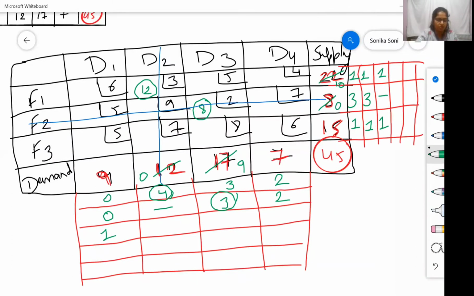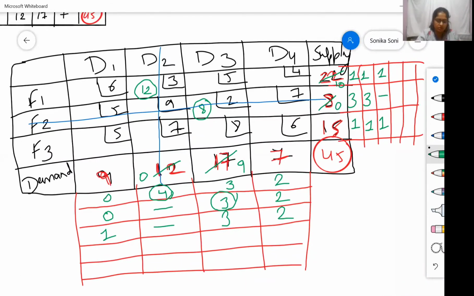In the D2 column, we have nothing, so it is nil. In the D3 column, we have 5 as the first lowest cost and 8 as the second lowest cost, so the difference is 3. In the D4 column, we have 4 as the first lowest cost and 6 as the second lowest cost, so the difference is 2.